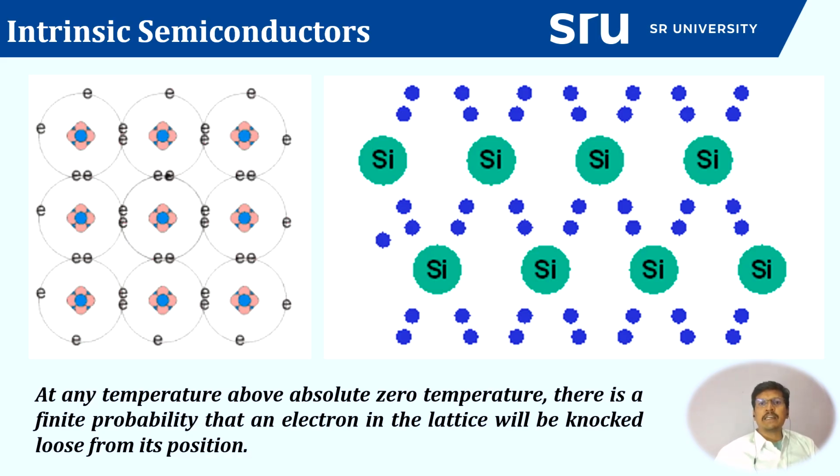As temperature increases, the generation rate increases significantly. Consequently, more charge carriers become available and conduction increases. This explains why semiconductors exhibit a negative coefficient of temperature of resistance.